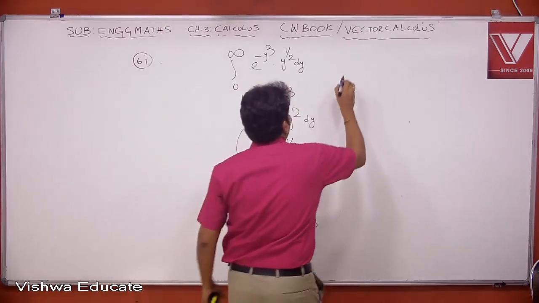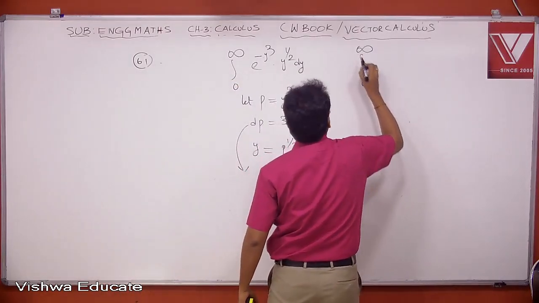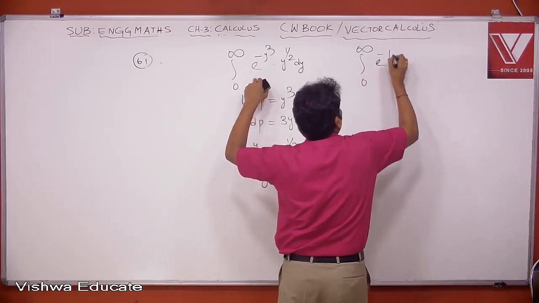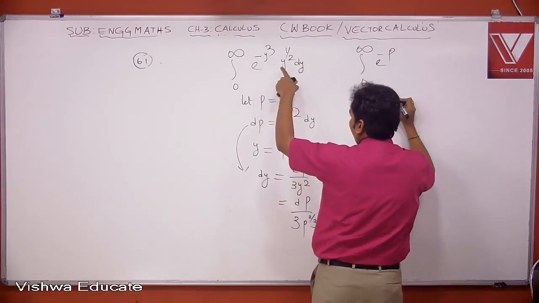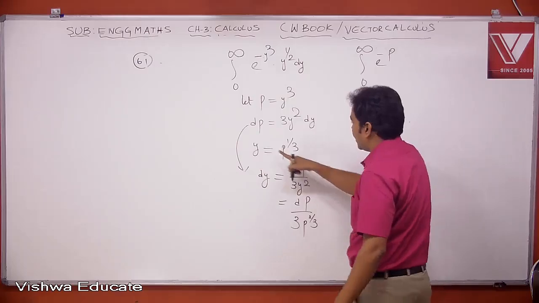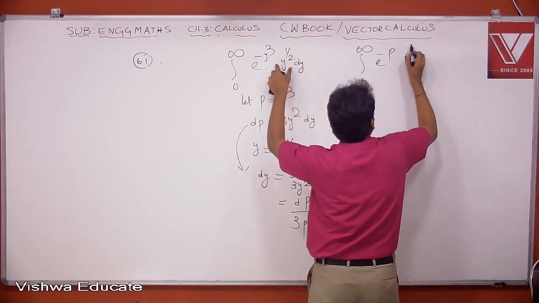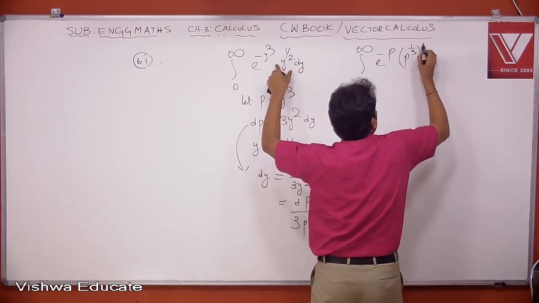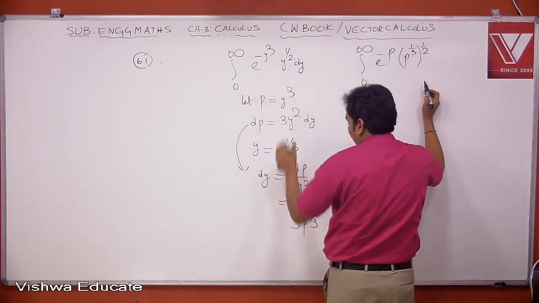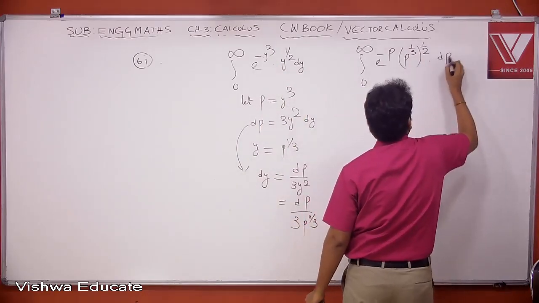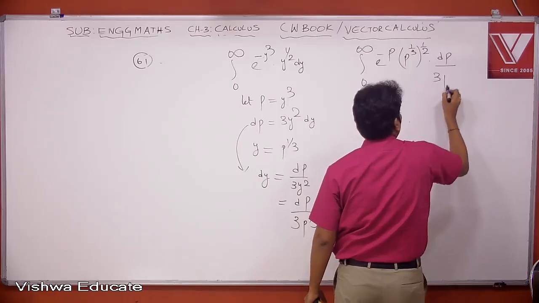Therefore this integral will be reduced to integral 0 to infinity e power minus p into, what is this y value? The y value is p power 1 by 3. So therefore this is p power 1 by 3 whole power 1 by 2 into this dy is dp divided by 3 times p power 2 by 3.